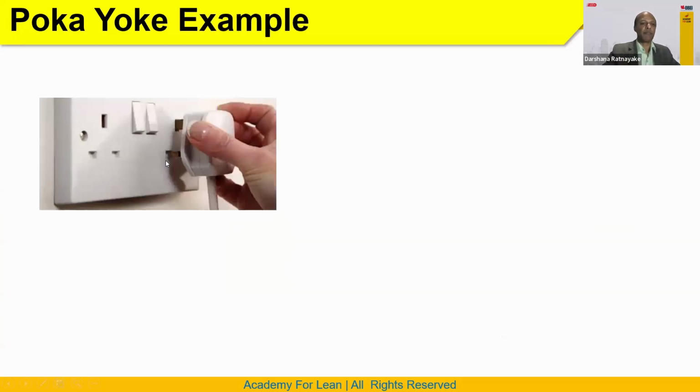These are some examples of error proofing. Simply the plug point. You will see, this is the earth pin, and this is bigger, and there are another two pins. So you cannot plug this plug top into the plug base any other way. Only one way you can do it. That is why it's called error proof.